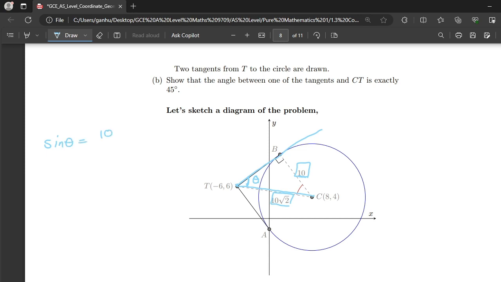Our opposite is 10 and our hypotenuse is 10 root 2, and theta is equal to arcsine of 10 over 10 root 2, and you get theta is equal to 45 degrees, and therefore you have proved that the angle between one of the tangents and CT is exactly 45 degrees, and this would be your final answer.